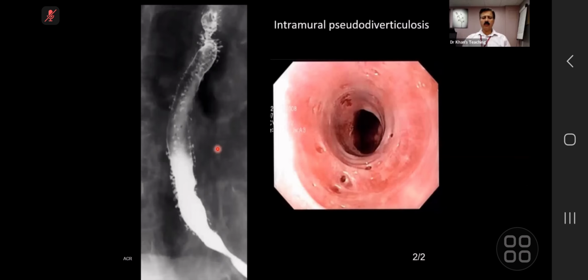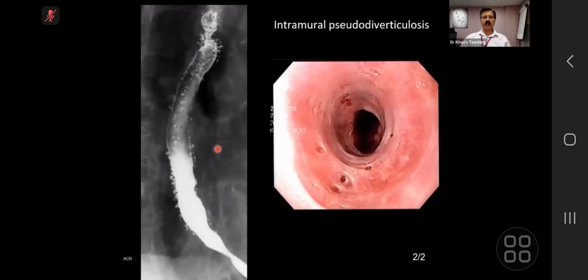Otherwise, you will be absolutely searching for answers. This is a benign condition where, pathologically speaking, the excretory ducts of the deep mucous glands in the mucosa get dilated.